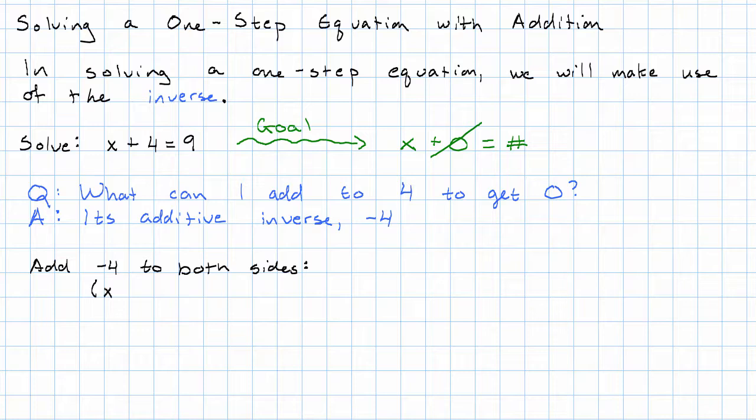We'll have x plus 4 plus negative 4 equals 9 plus negative 4. Our properties of addition let us drop those parentheses on the left and group the 4 and the negative 4 together.